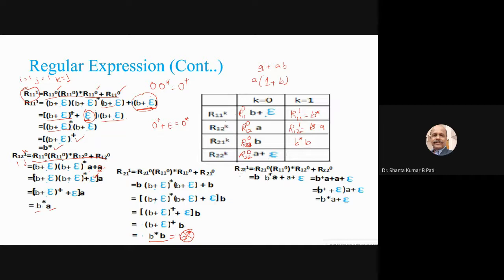And the last one is, I value is 2, J value is also 2, and K value is equal to 1.